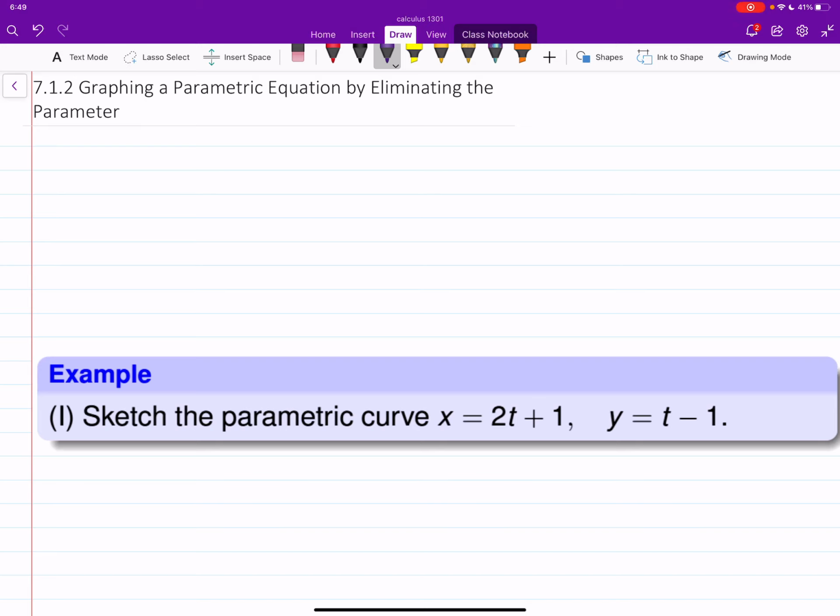Hello everyone. In this video, we will learn about a useful trick when it comes to graphing of parametric equations. So the point is that we want to go from a parametric equation or equations to an equation with only x and y.